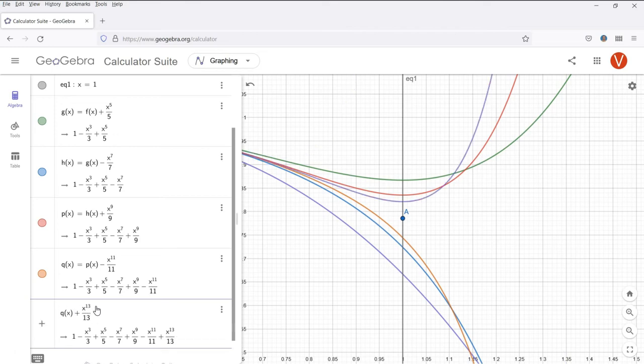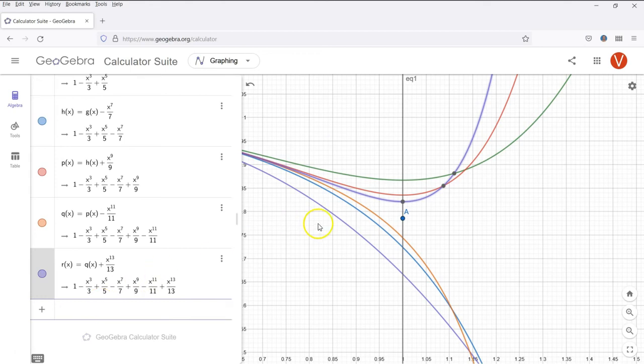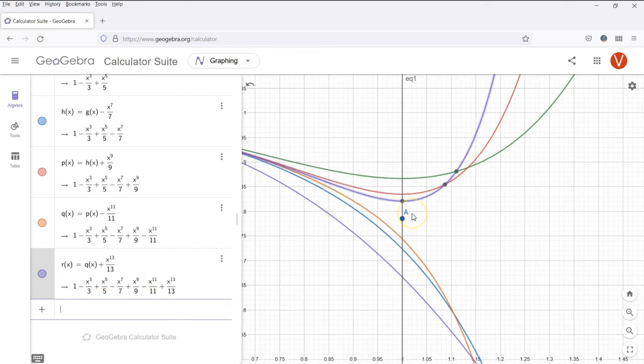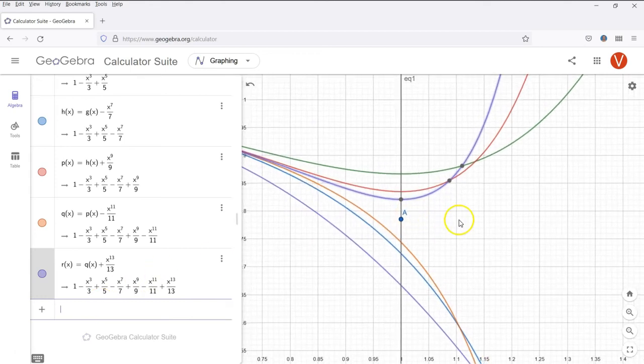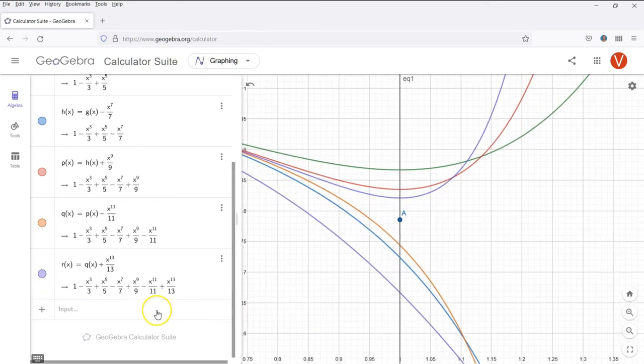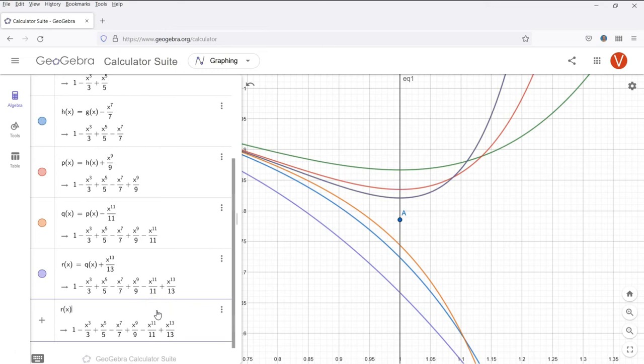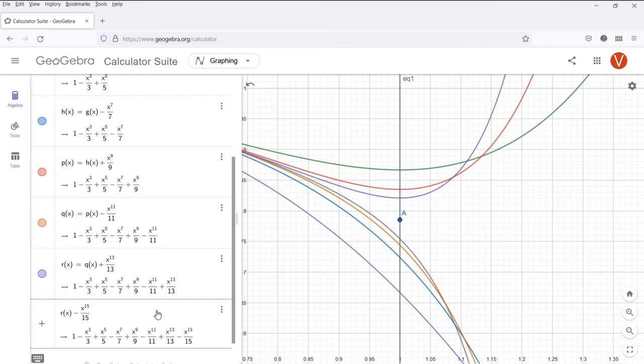Have we got closer? Now let's add one more. R of x minus x to the power of 15 by 15.